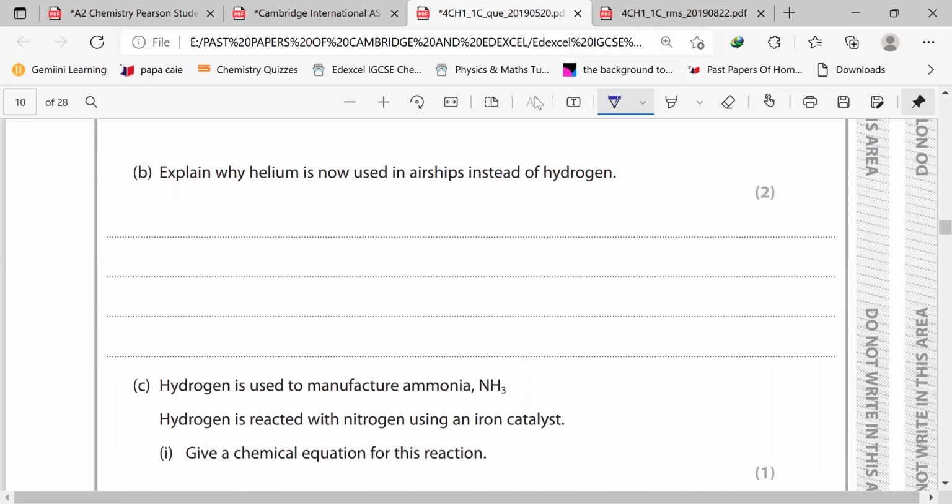Helium is less reactive than hydrogen. Unlike hydrogen, helium is unreactive. Therefore, it wouldn't cause any unwanted reaction.